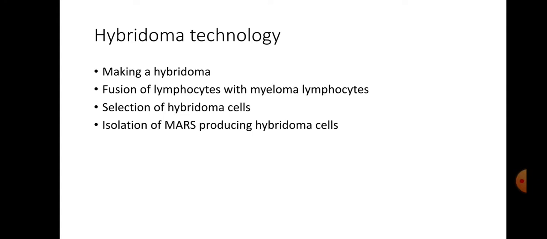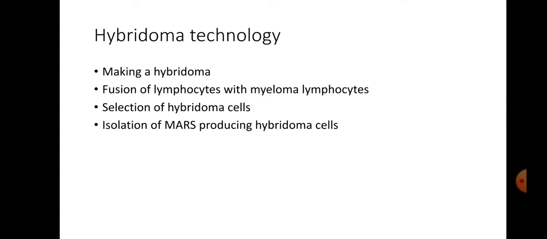So here what they have done is they have fused a normal antibody producing mouse B lymphocyte with a cancerous B lymphocyte, or myeloma B lymphocyte, to generate a hybridoma cell. The fusion product of the two cell lines is known as a hybridoma cell.